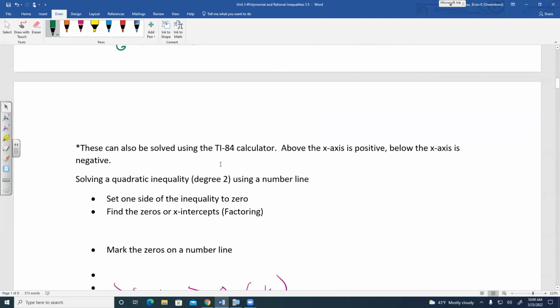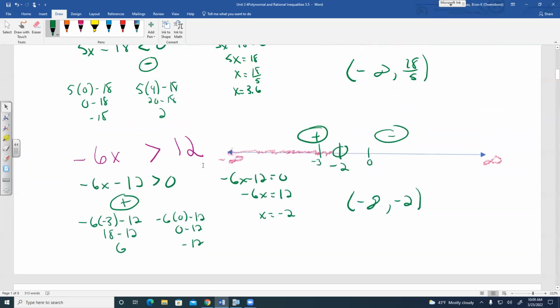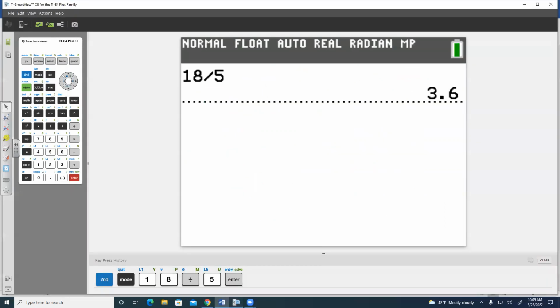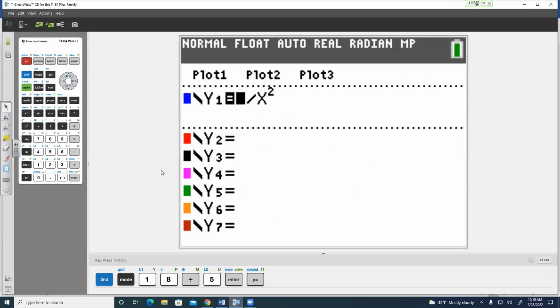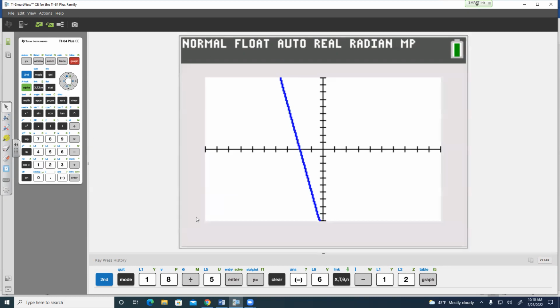We also could be using the TI-84 calculator. So again, above the x-axis is positive and below the x-axis is negative. So for instance, on this one right here, if I graphed y equals -6x minus 12, if I actually graph that function, -6x minus 12, so if I go here and click on my decimals and clear that off and type in -6x minus 12, if I hit the graph button, notice that the x-intercept is -2, and notice that the graph is above the x-axis left of -2.